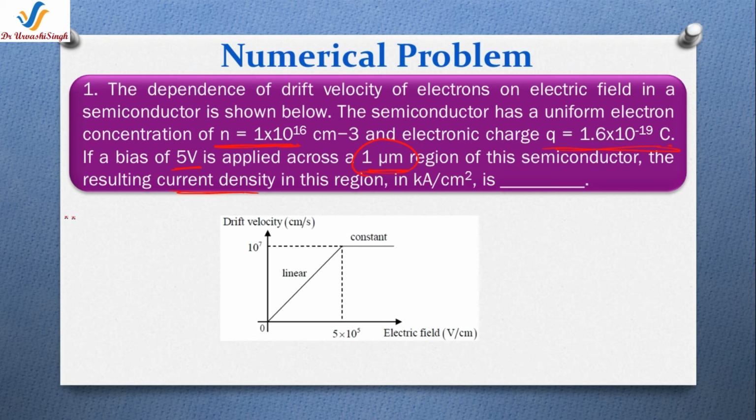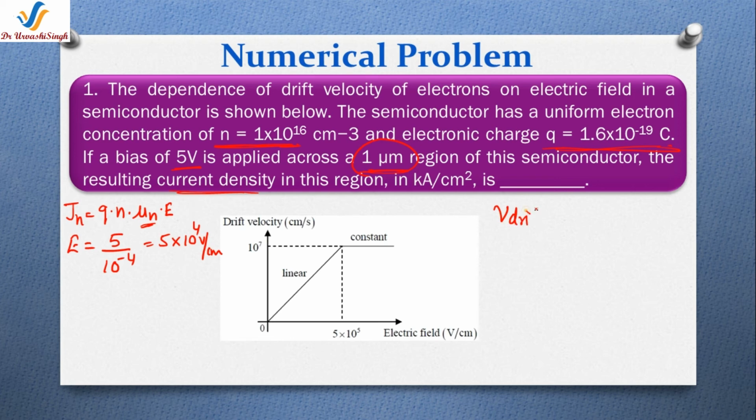Now the formula of the current density Jn is q n mu n E. So students, we have everything. For the electric field, use 5 volt, and a 1 micrometer region means 10 to the power minus 4 centimeter, so you can say 5 into 10 to the power 4 volt per centimeter. Now use this graph to find out the mobility of the carrier.